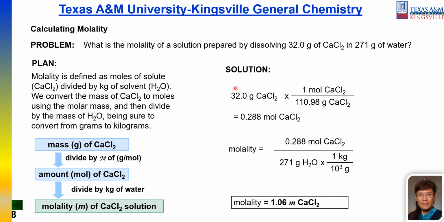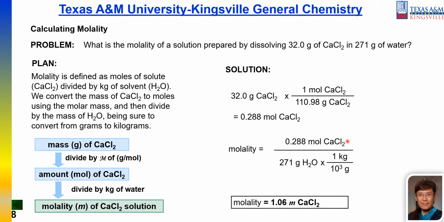Our solution. Step 1. Convert your 32 grams of calcium chloride into moles. Your molar mass of calcium chloride can be calculated by adding calcium atomic mass and chlorine atomic mass. So my calculation gives 0.288 moles of your calcium chloride.